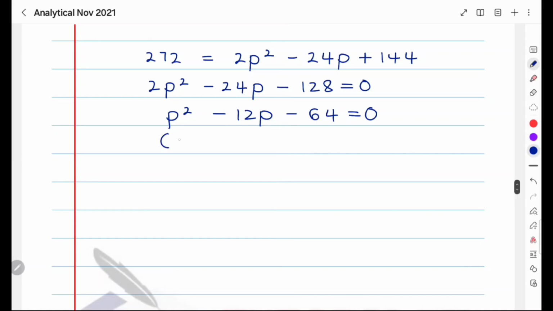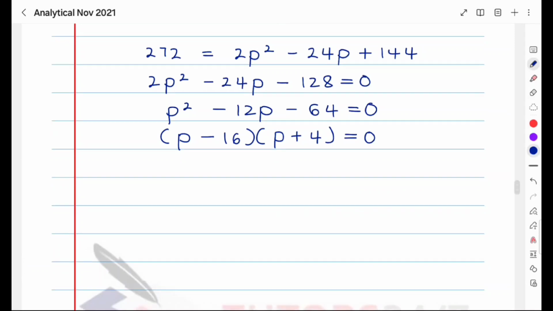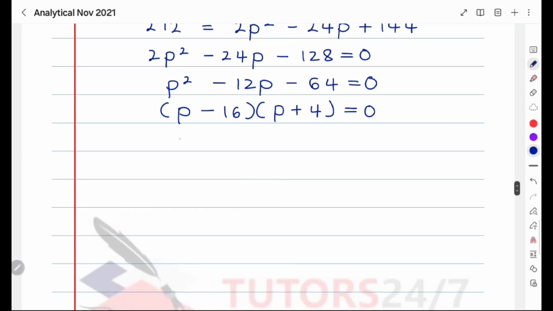From here, we can factorize. This is going to give us p minus 16 and p plus 4. You can also use your quadratic formula if you want to, or you can use completing the square, whichever would be fine. And we therefore have p as equal to 16 or p as equal to negative 4.